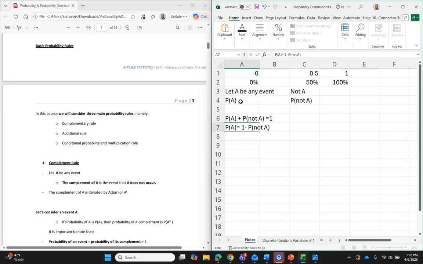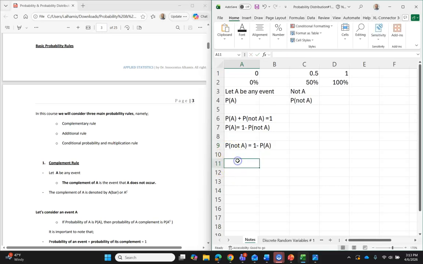So it's easier to take 1 minus probability of not A, which is known, and so you can get probability of the event. And the opposite is true. So we can say probability of not A is 1 minus probability of event A.